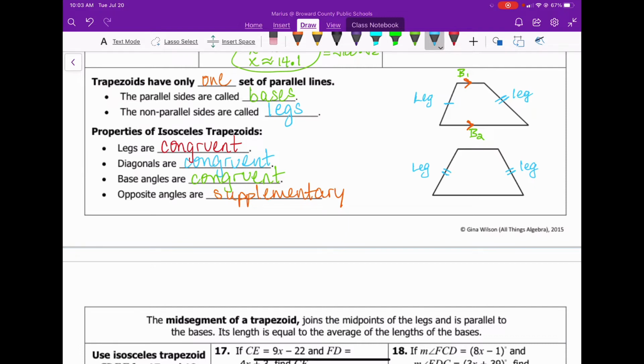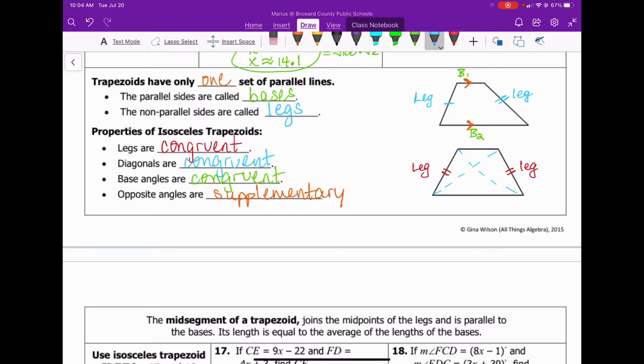Oops, I was supposed to make those red, so let's do this real quick. Now I can erase that and go with blue. So the diagonals are congruent. Those are not really good dotted lines, but you get the idea.